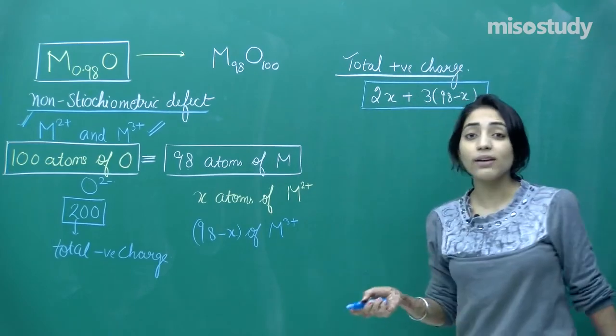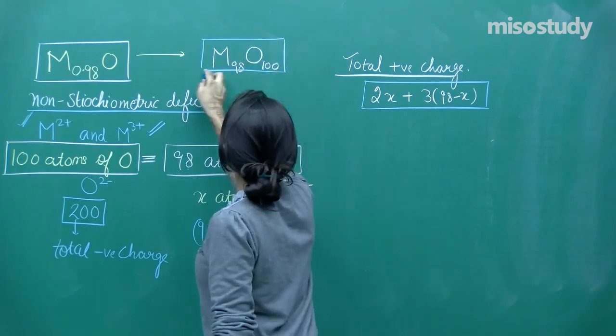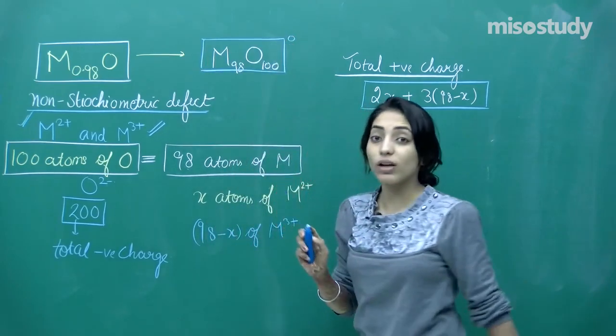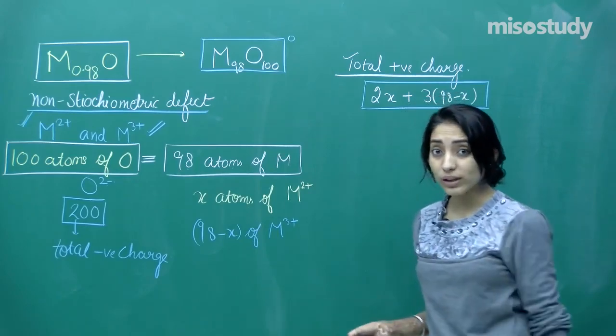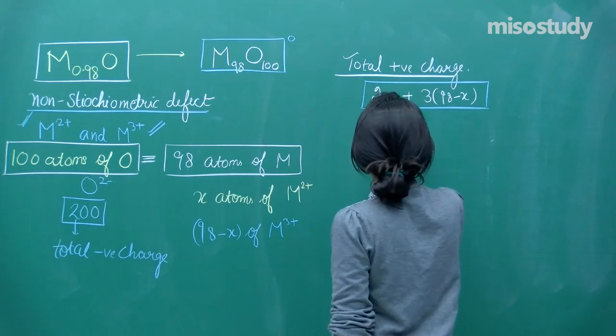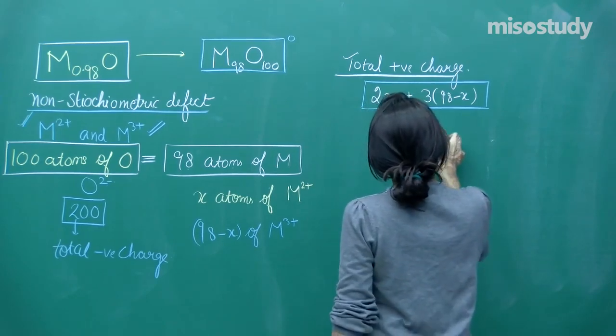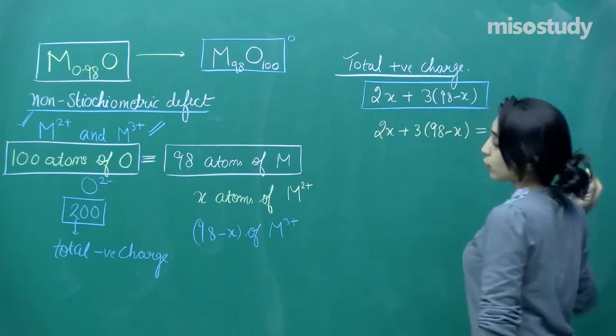And we know that for the metal oxide to be neutral, overall it has zero charge. So can I simply say that the total positive and the total negative charges are the same? If I say so, I can write 2x plus 3 into 98 minus x will be equal to 200.